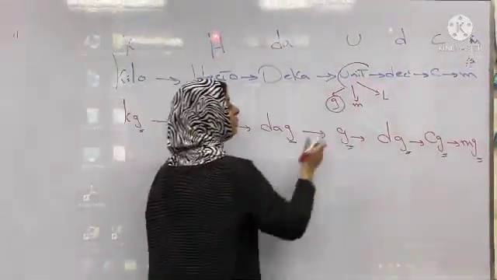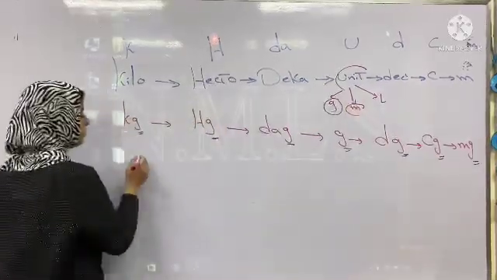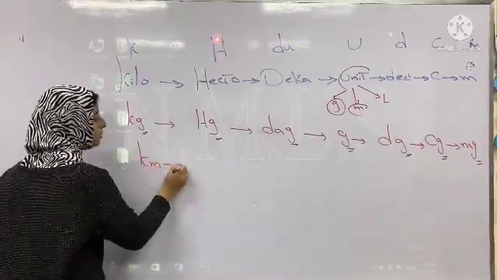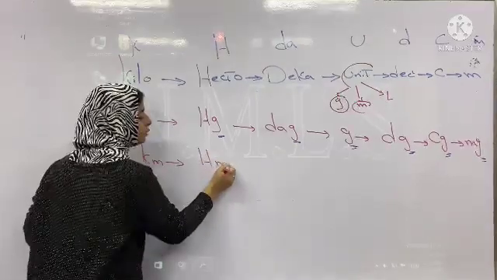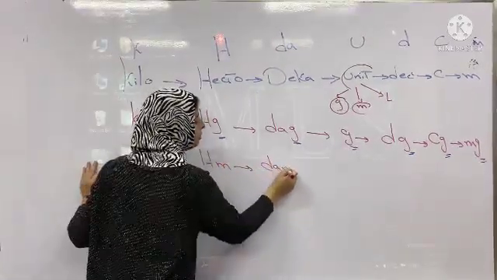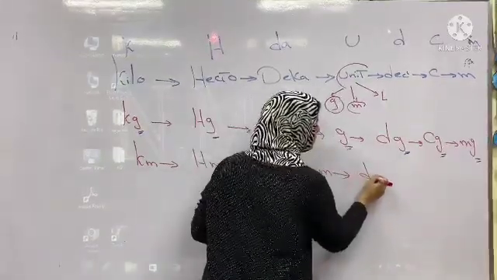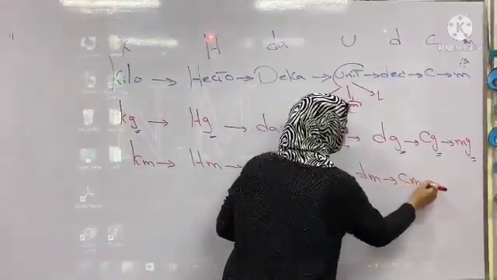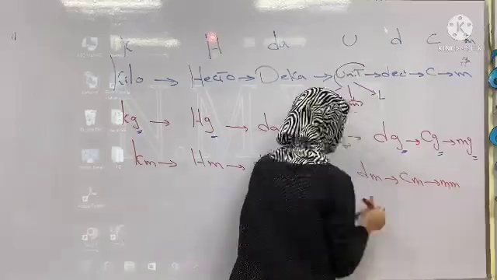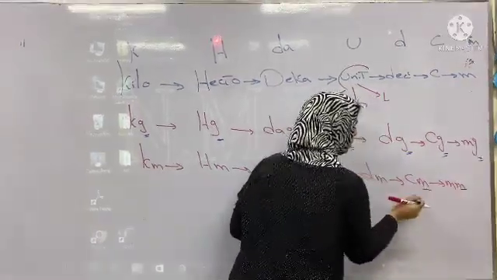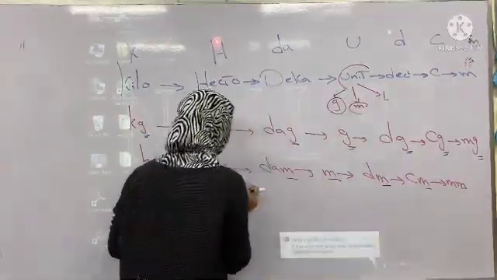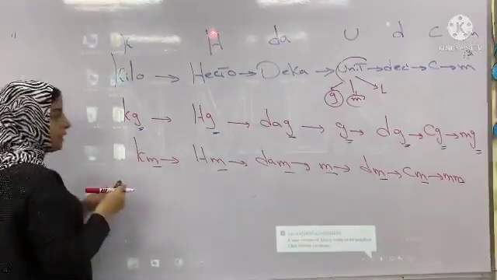Okay, so what about if my unit was meter? So it will be kilometer, hectometer, and decameter, and my unit is meter, and decimeter, centimeter, and millimeter. So that means I use meter, that means I measure the length.